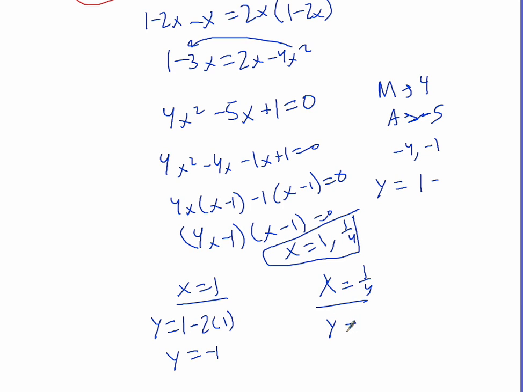Here y equals 1 minus 2 times a quarter, 1 minus half, which is half. So your two answers are x equals 1, y equals negative 1, or x equals a quarter, y equals half.